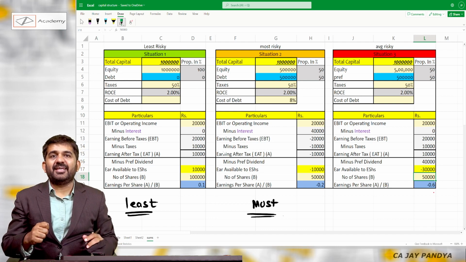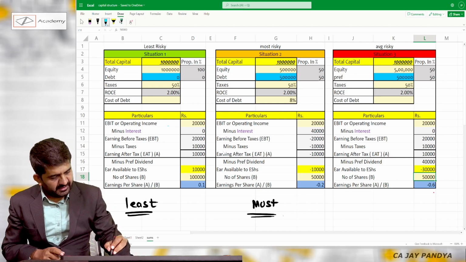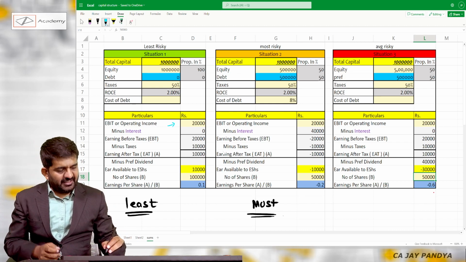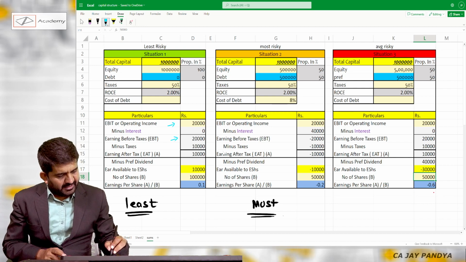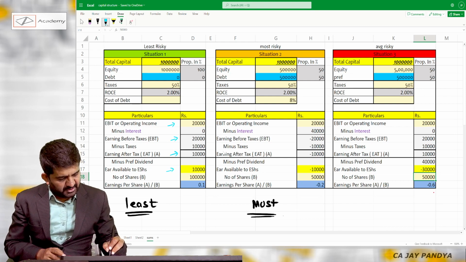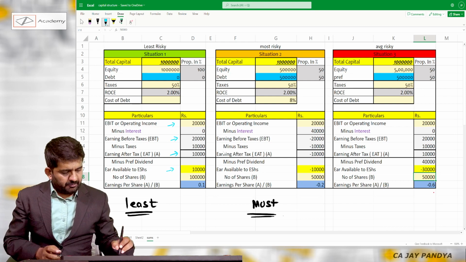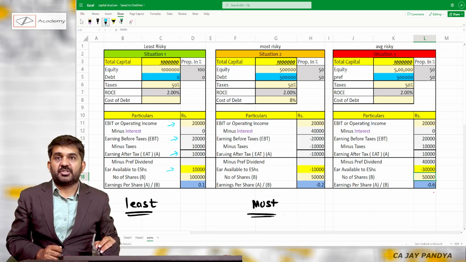In case number 1, EBIT is 20,000, earning before tax will also be 20,000, tax is 50%, 10,000, so EAT is 10,000, preference dividend is 0, so earnings available to equity shareholders is 10,000, the number of shares is 1 lakh, and so earning per share is 0.1.